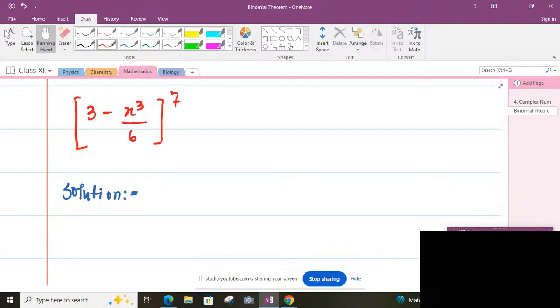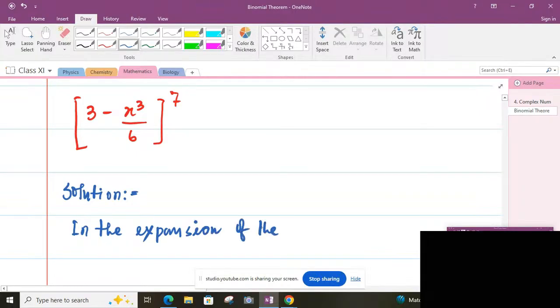In the expansion of the given binomial, there will be 8 terms.